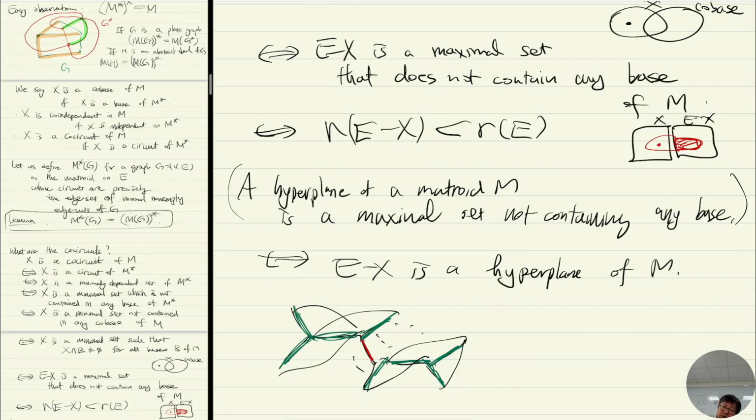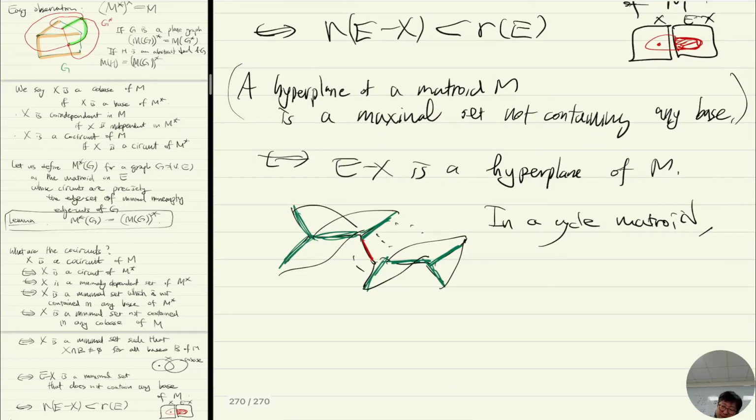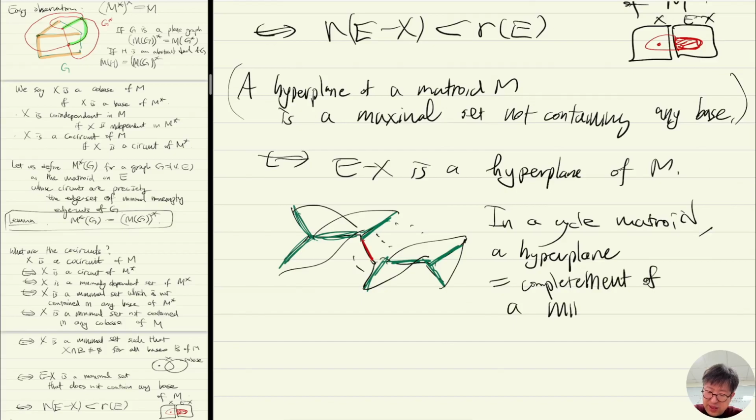So in the cycle matroid, the hyperplane is really like the complement of a minimal non-empty edge cut.